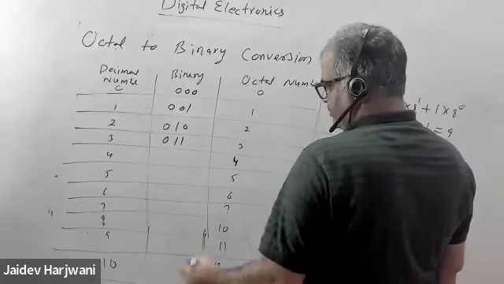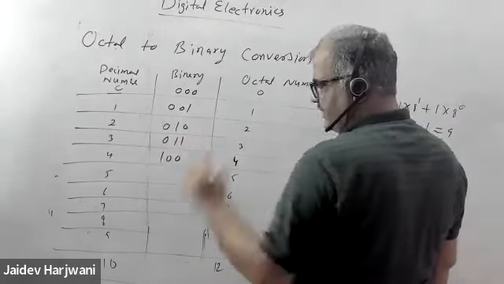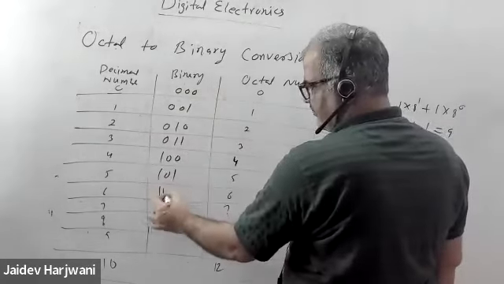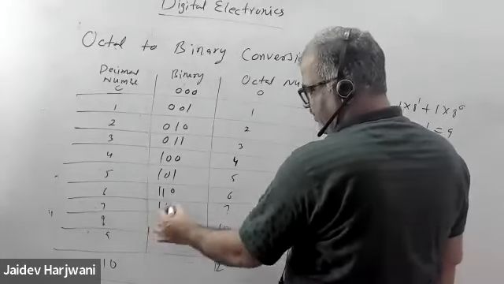So 4 is 100, so I don't need to put an extra 0. 5 is 101. 6 is 110. 7 is 111.